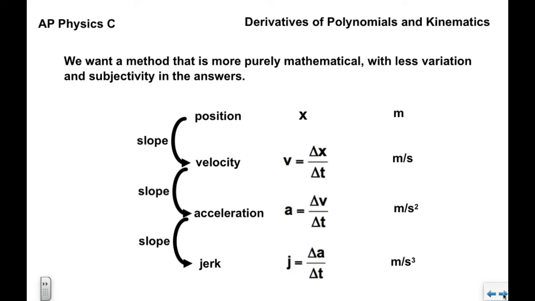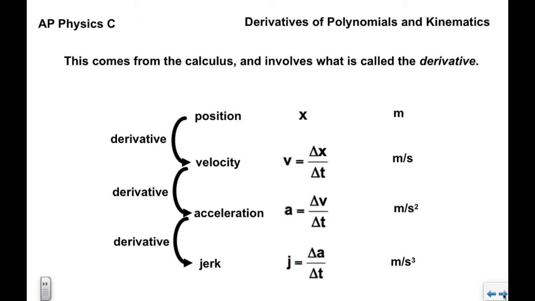What we're going to look for now is a method that is a little more purely mathematical, has less variation in the answers, less subjectivity, doesn't depend on sort of eyeballing the tangent line and so on. So this is going to come from the calculus, and it's going to involve what we call the derivative. Okay?